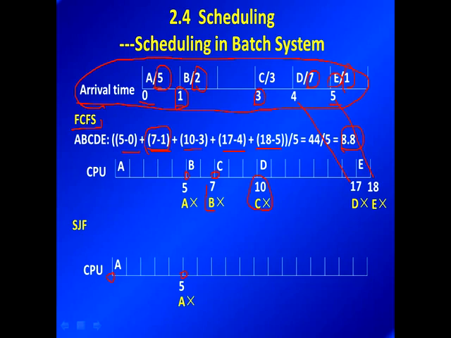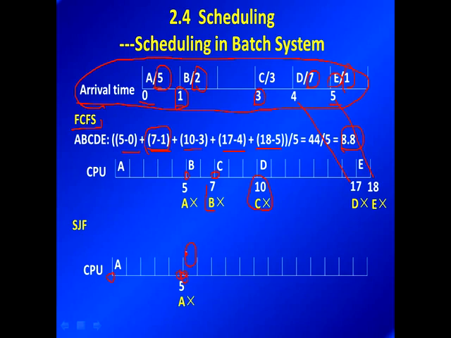The next job which can get the CPU after job A exits should be which job? Which job will get the CPU next after job A leaves? After job A exits, what's the next job here?